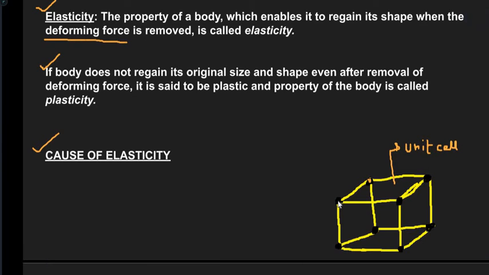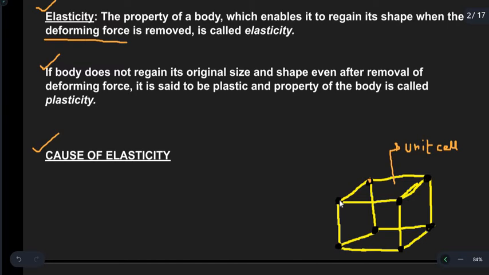So what happens, just try to observe that when you apply a force, आपने force apply किया, जो that is being called deforming force. So what happens, as these atoms are fixed, these black dots are represented as atoms.